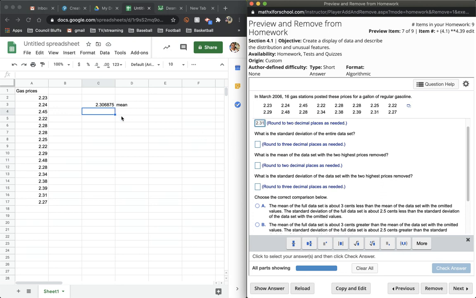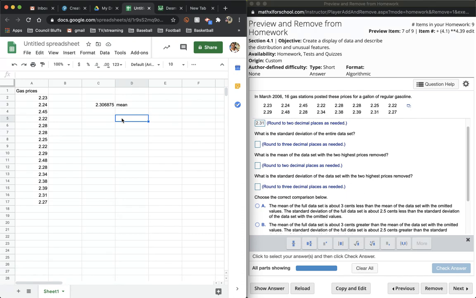Okay. What is the standard deviation of the entire data set? So remember, to find the standard deviation, I'm going to go to a different cell here and do the same thing, except I'm going to type equals stdev, and I can select standard deviation.